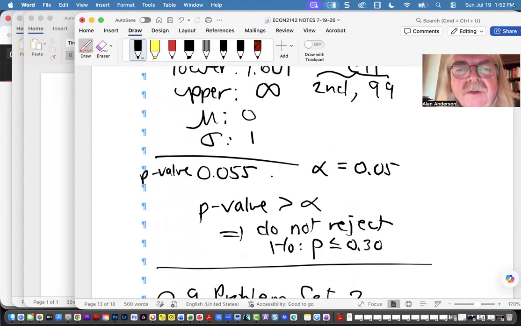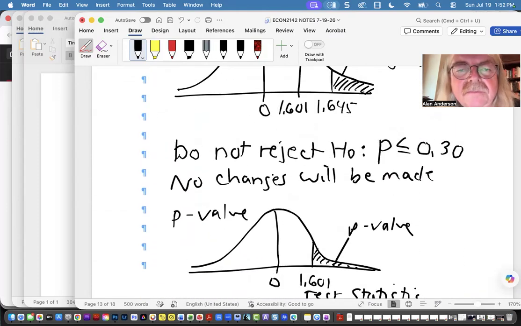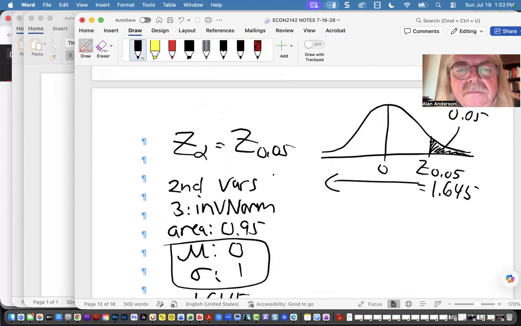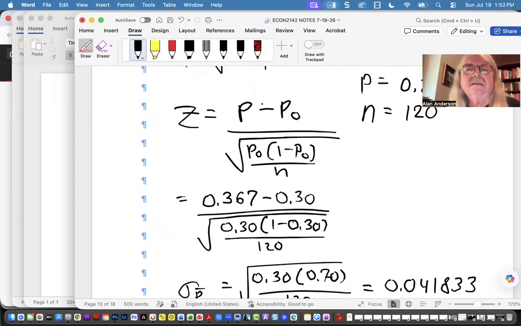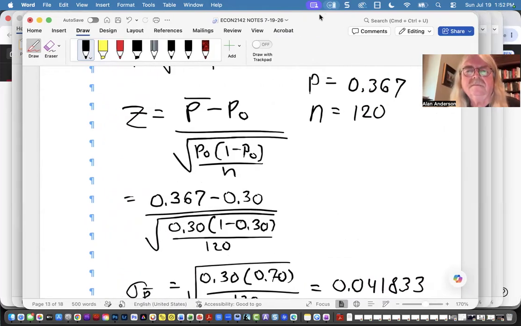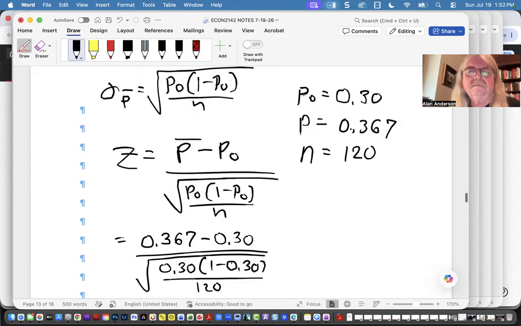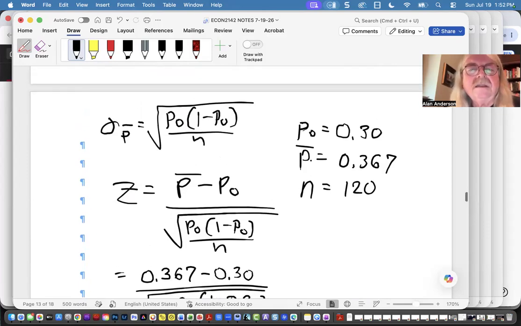Let me just fix that real fast. Right, because that's the book, the population proportion is plain P, which we don't know. Okay, we have the hypothesized and we have the sample.